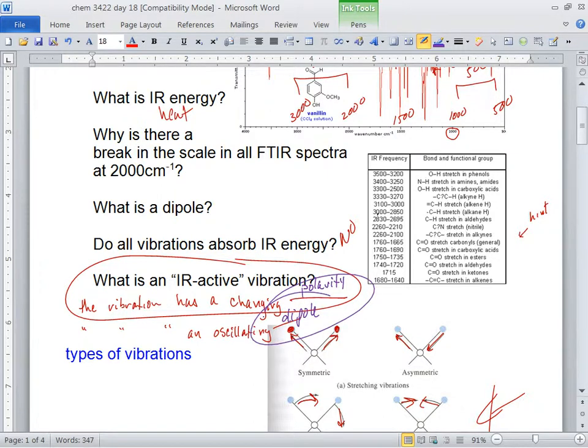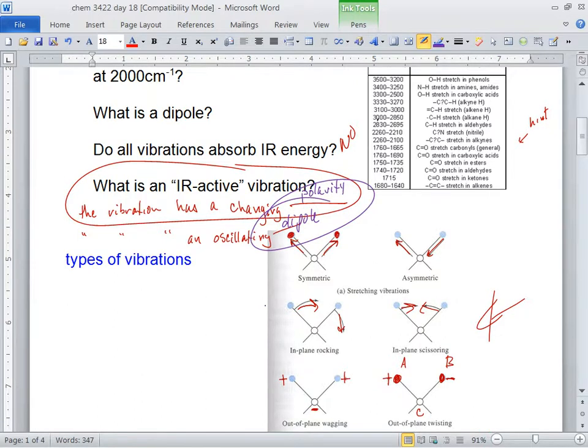Exactly. Changing dipole. Okay. Do you remember how you did this whole dipole idea? If you have our bent water molecule, water's an easy one. You point the arrow in these dipoles where the density of the electrons is higher. Where's the density of electrons highest on this water molecule?